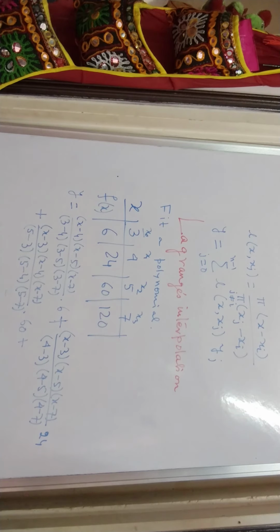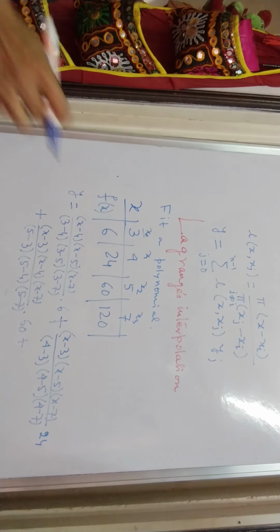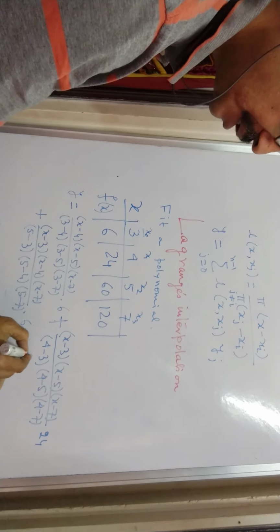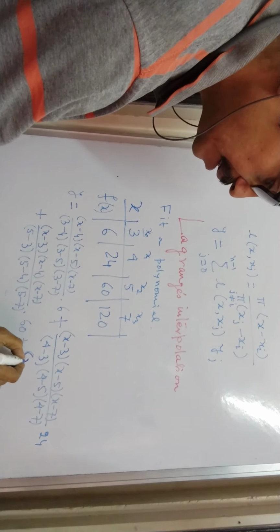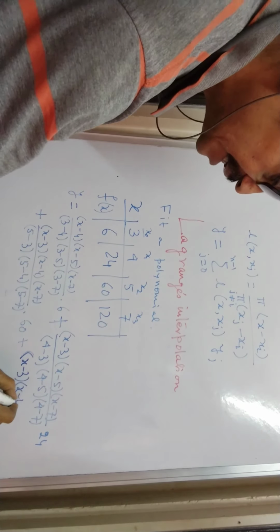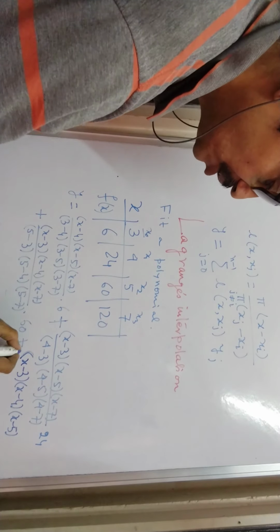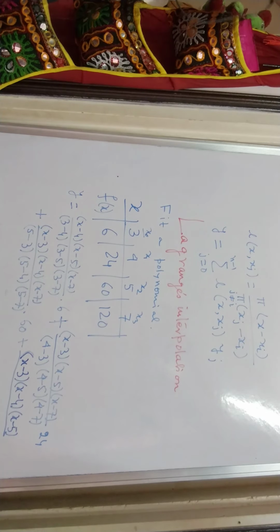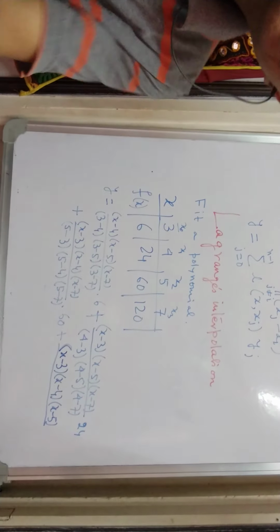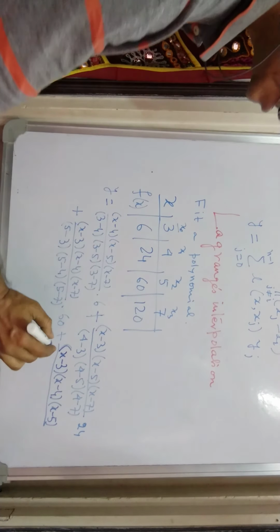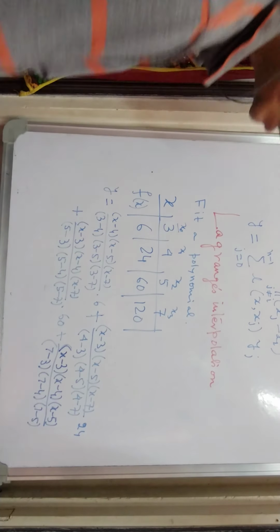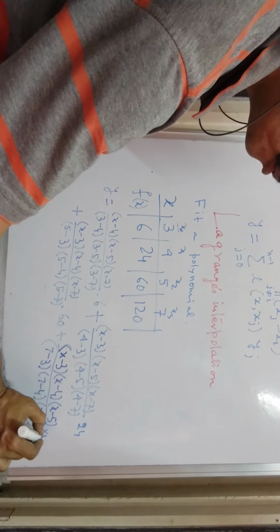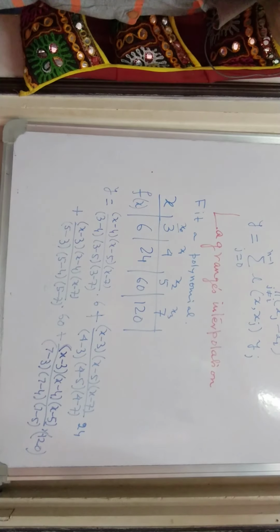In the last term, x3 is left out in the numerator, and we have x minus 3, x minus 4 and x minus 5 only, while in the denominator we have 7 minus 3, 7 minus 4 and 7 minus 5, multiplied with the value of y corresponding to 7, which is 120.